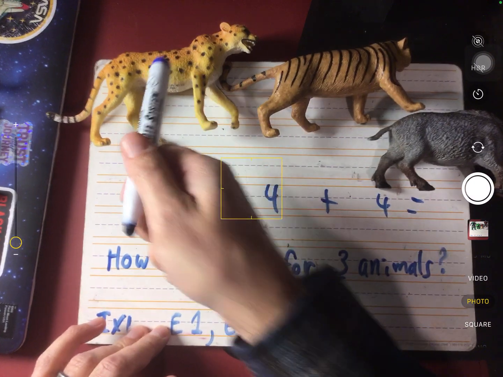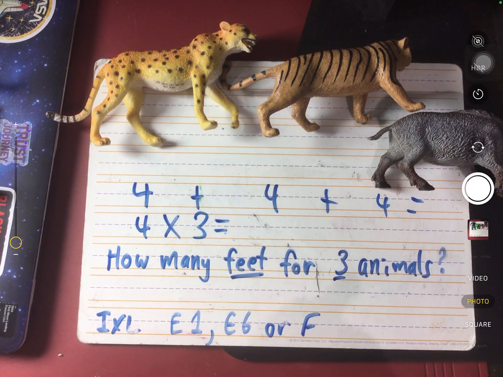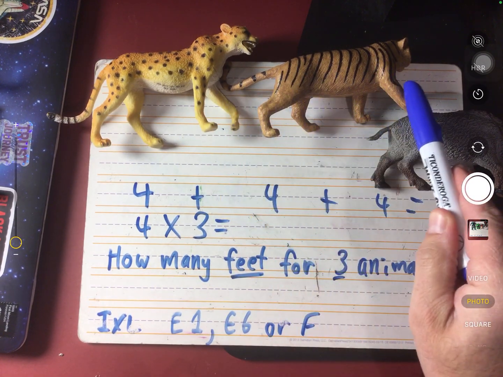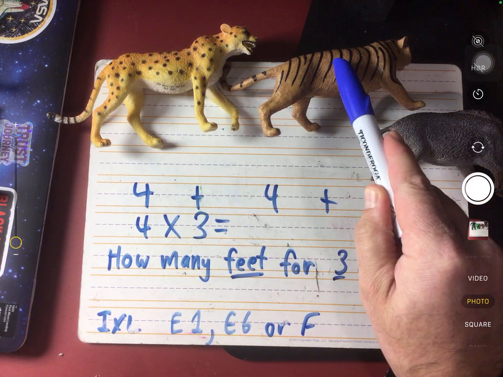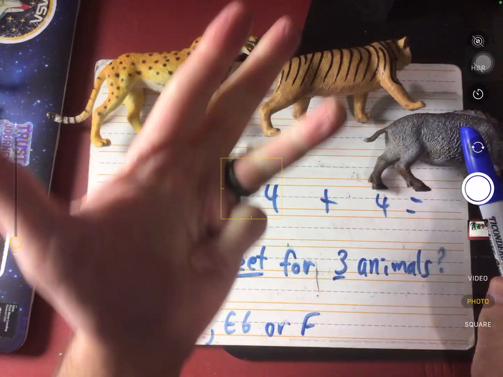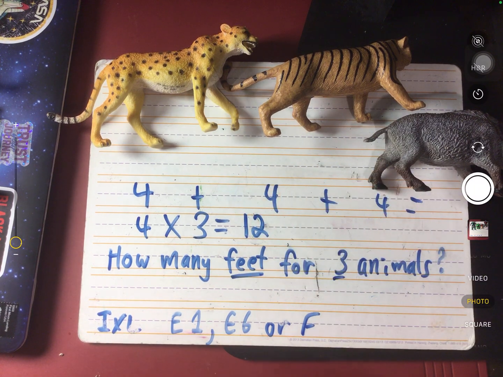I've got 1, 2, 3. Another 4 will give me 8, because 4 plus 4 is 8. And 8 plus another 4 is 9, 10, 11, 12. So 4 times 3 is 12.